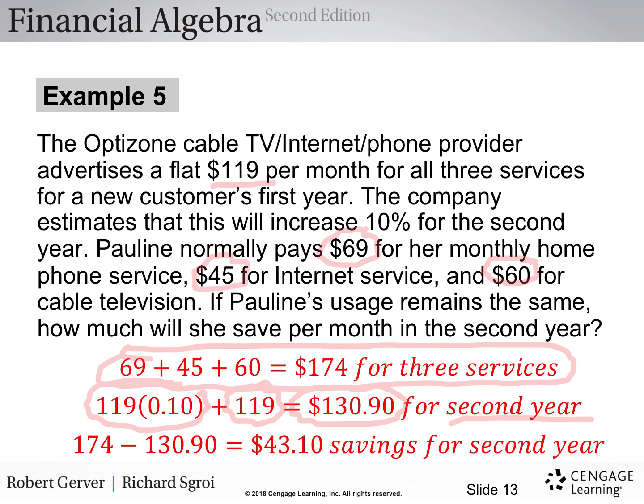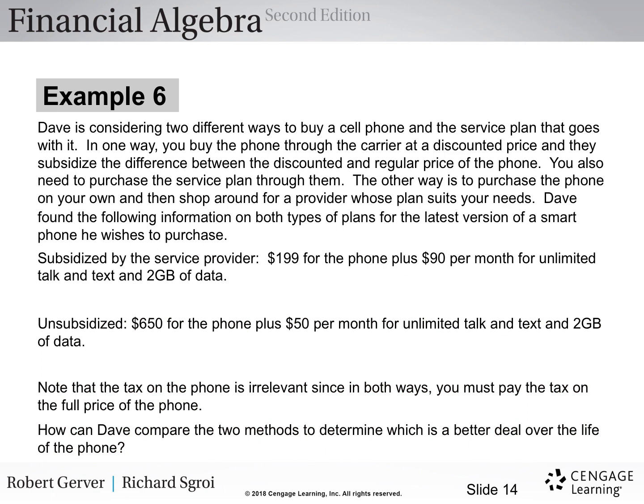So therefore, on the second year, how much is she going to save? If we subtract $130.90 from $174, we come out with a savings of $43.10 for the second year of her signing up for that service.